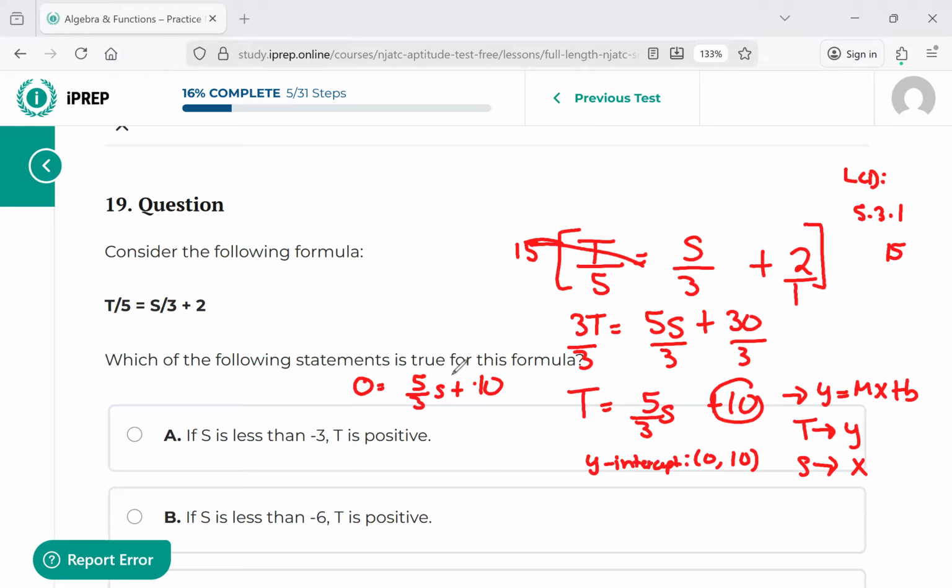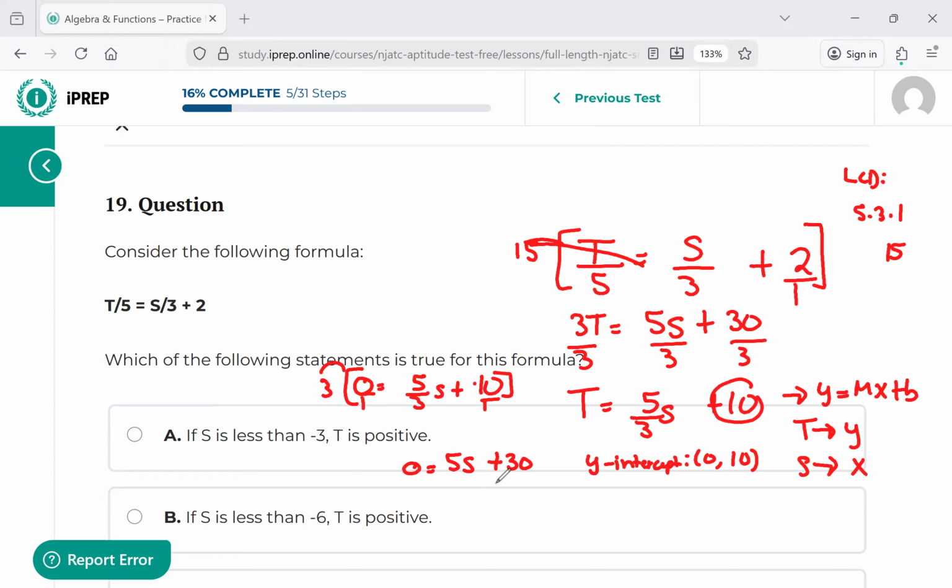Let's get rid of the fraction by multiplying everything by the LCD, which I believe is 3. 3 times 0 is 0. 3 times 5/3 s is 5s. And then 10 times 3 is 30.